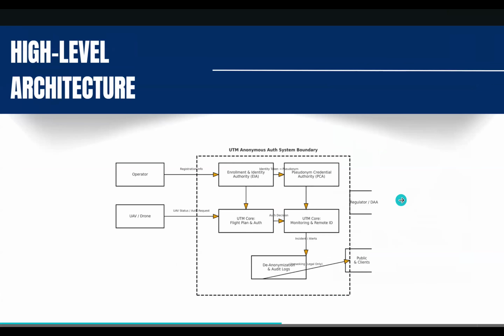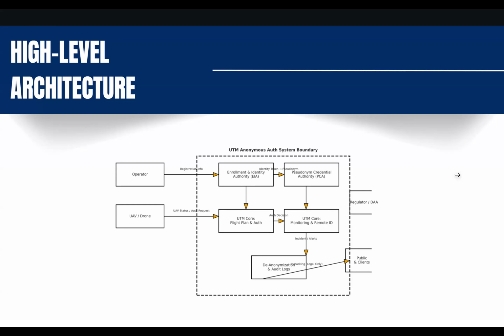Okay, so I'm Simon, and this slide shows the full architecture of our anonymous authentication system within the UTM boundary. On the left, we have the operator and the UAV. During registration, the operator interacts with the enrollment and identity authority, the EIA, for one-time civil identity verification.